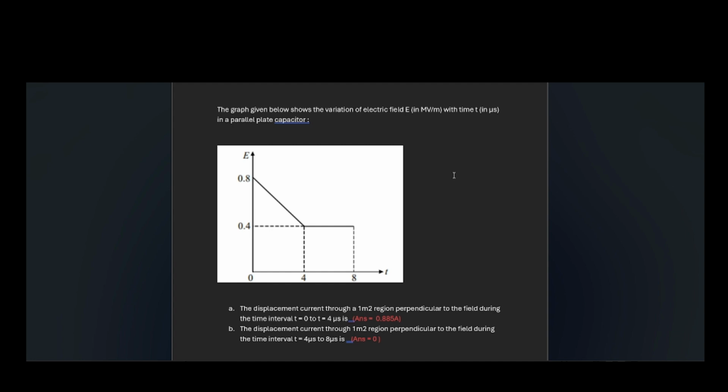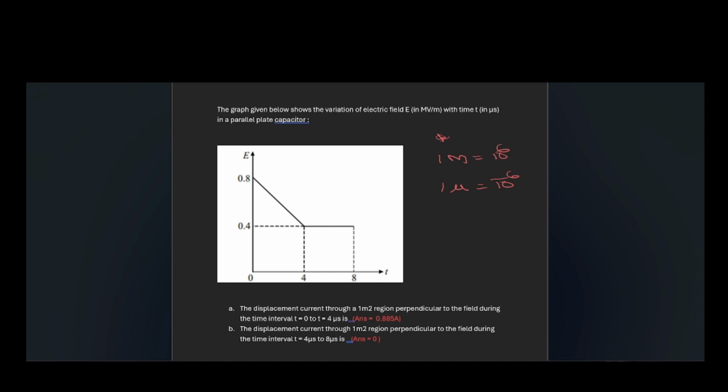Micro, 1 micro equal to 10 power minus 6, so that you remember. Here 1 mega equal to 10 power 6, 1 micro 10 power minus 6. Okay.